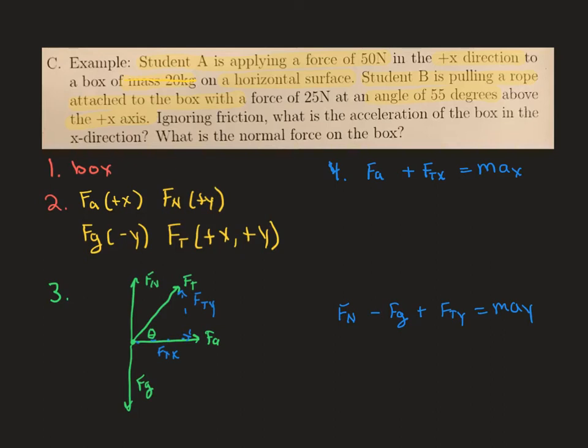Alright, so let's solve this problem, because our unknowns are our acceleration in the x and our force normal. So now that we've applied Newton's second law, we have equations that contain our unknowns. So we know the force applied is the 50 newtons that's given in the problem, but we have force of tension in just the x direction.